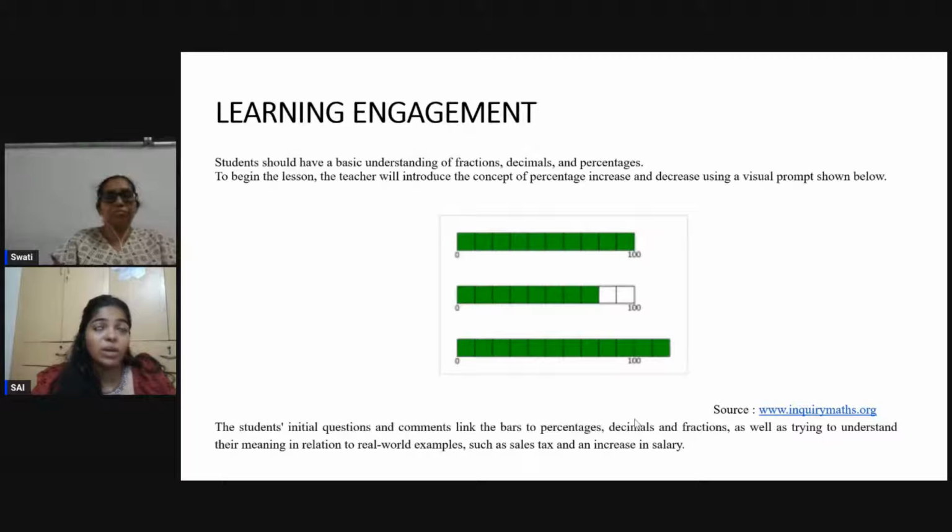They can see it visually, but when it comes to numbers, it's quite difficult, is what some of the students had to say. And how do we really apply it in real world scenarios? In addition, a few learners also had trouble with conversion between fractions, decimals, and percentages. So that was a bit of a struggle there. These were the challenges that the students faced, which in turn was also my challenge at the end of this lesson. Yes. Thank you, Sai.